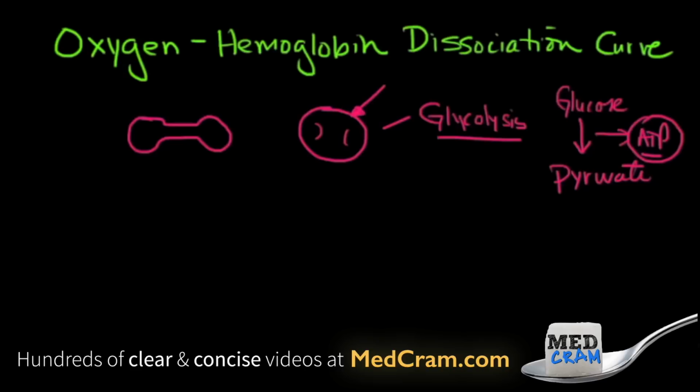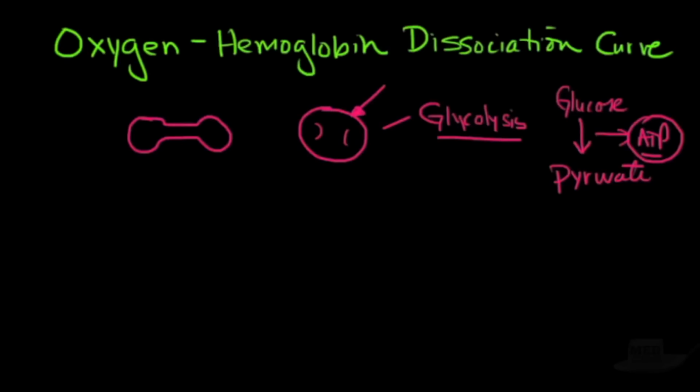But before we get to that, I wanted to explain to you what the hemoglobin molecule looks like. If you can imagine, it's 4 different subunits that are connected to each other. Usually there's 2 alphas and 2 betas, but that's not important right now. So there's 4 binding spots for oxygen to bind to.